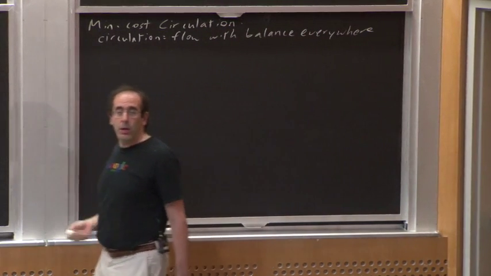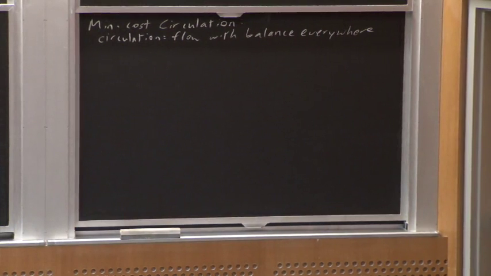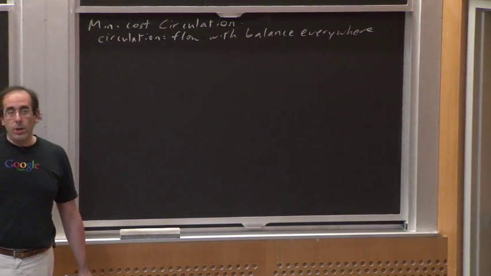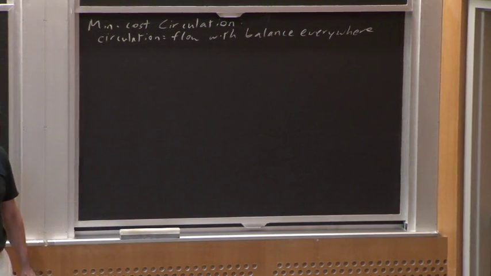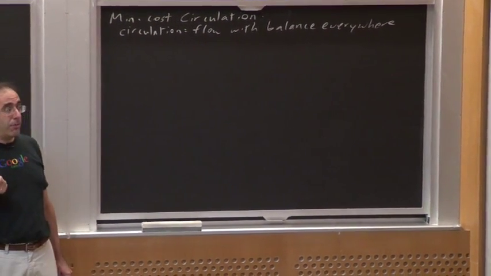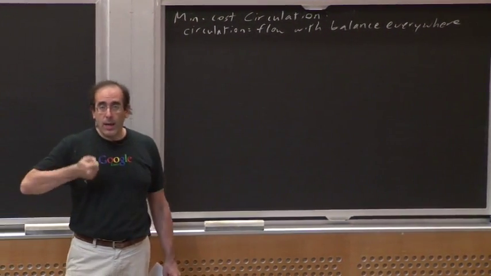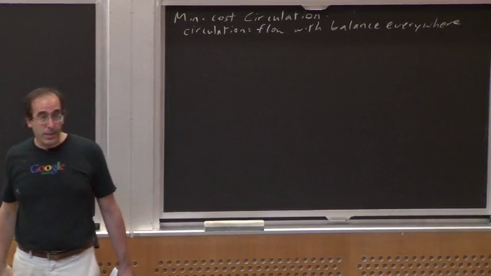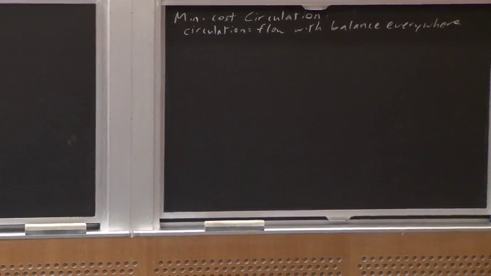So there's no longer a special vertex S and T where you have flow leaving S not balanced and arriving at T not balanced. Instead, you have balance at every single vertex, but you might have non-zero flow on edges as long as the total balances. Okay.